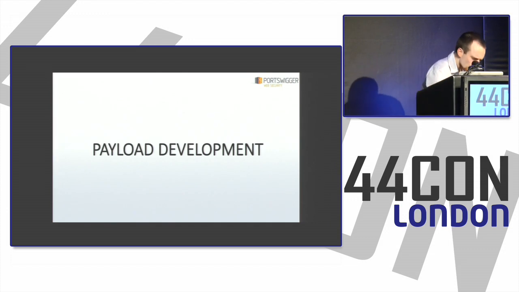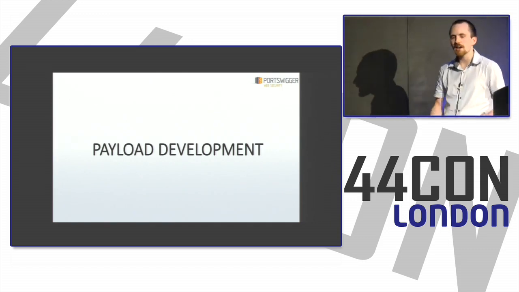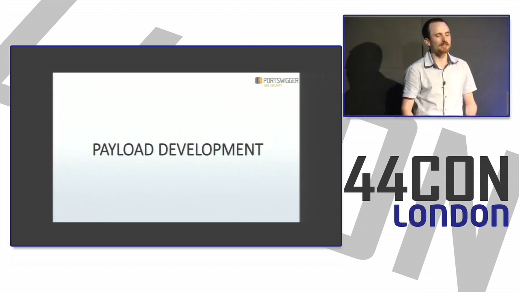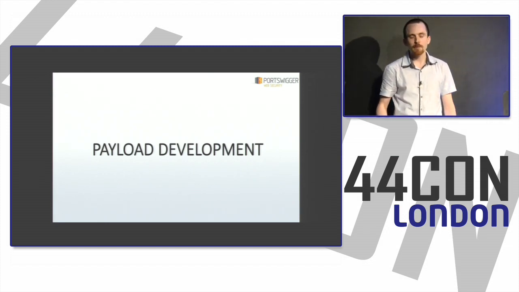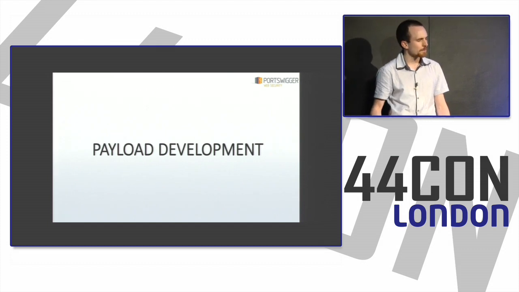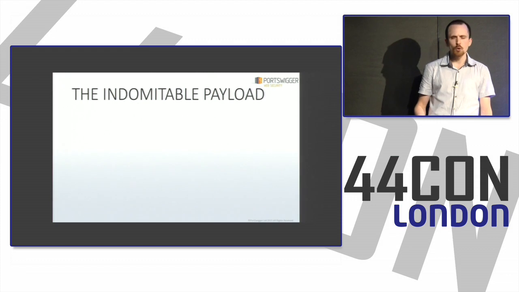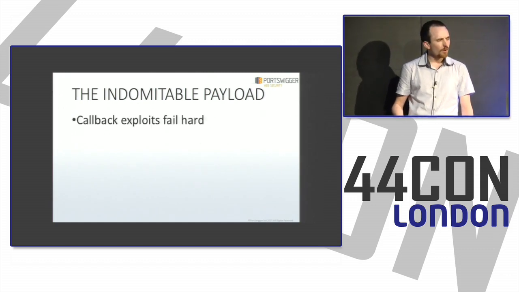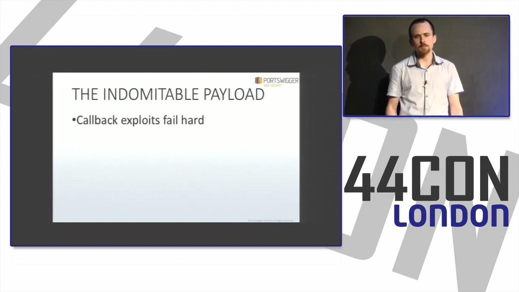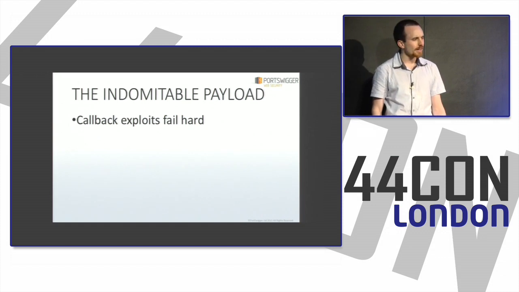So that's the theory. It's pretty simple. Things get kind of challenging, however, when you try to look at each vulnerability and write a payload that causes this callback. It's easier in some technologies than others, but there's this core problem. When you're developing an exploit for a normal vulnerability, it's typically a fairly iterative process.